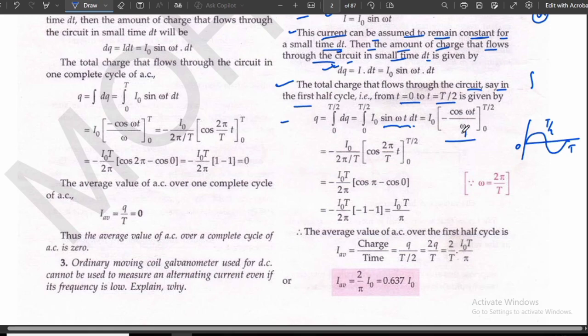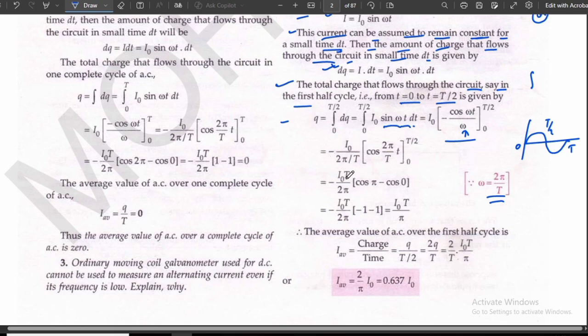Now omega is 2 pi by T. We can take the omega outside, so it will be I0 divided by omega, and omega is 2 pi by T, so it will be 2 pi by capital T, and we have taken the minus sign outside.